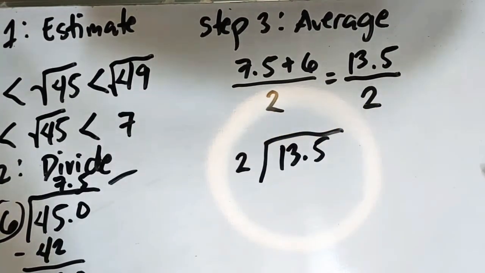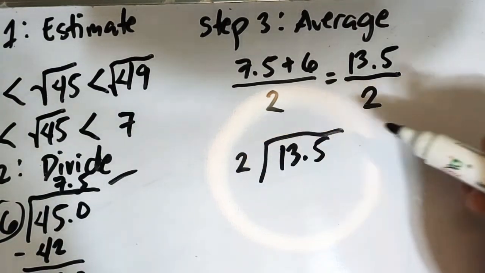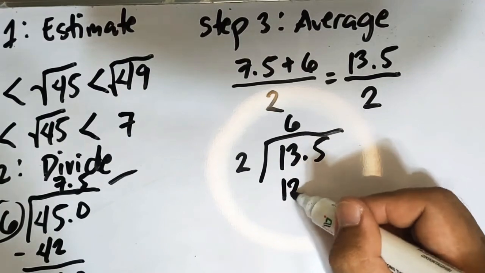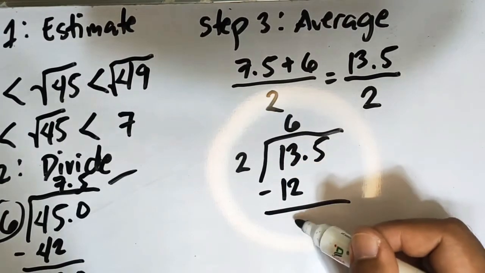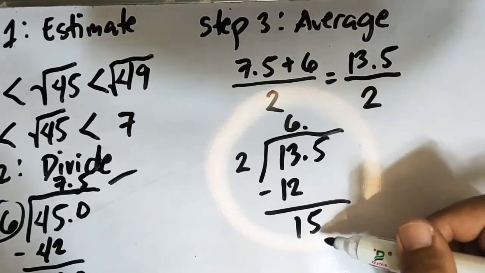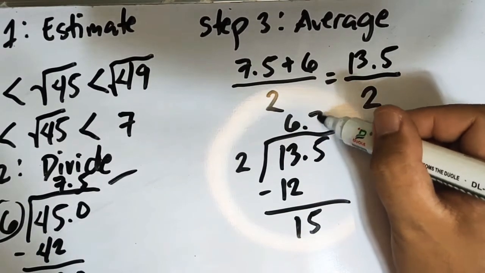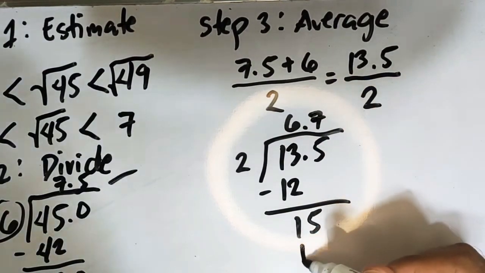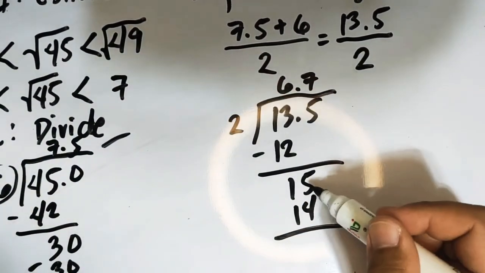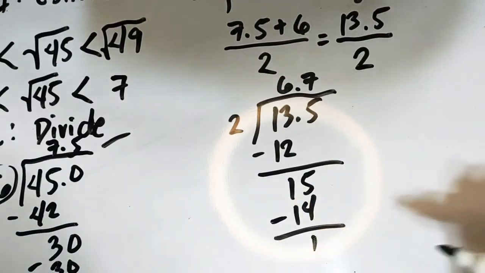divided by 2. So, 13 divided by 2 is 6. 6 times 2 is 12. 13 minus 12 is 1. Bring down 5. So, we have 15 divided by 2 is 7. 7 times 2 is equal to 14. And 15 minus 14 is equal to 1.